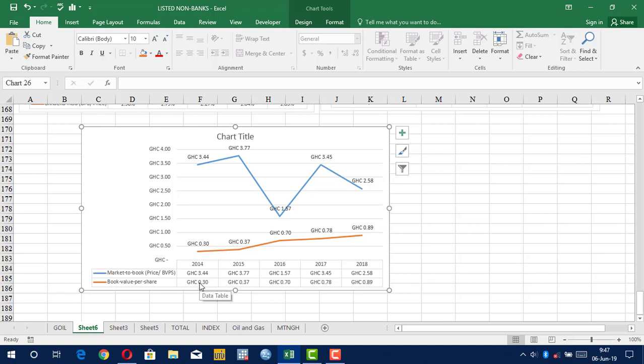Now that has been the trend for the market to book ratio, that is the price per share over the book value per share. Like I said, a high market to book value ratio indicates a growth stock or a growth opportunity in the company. So mostly such stocks are overvalued.